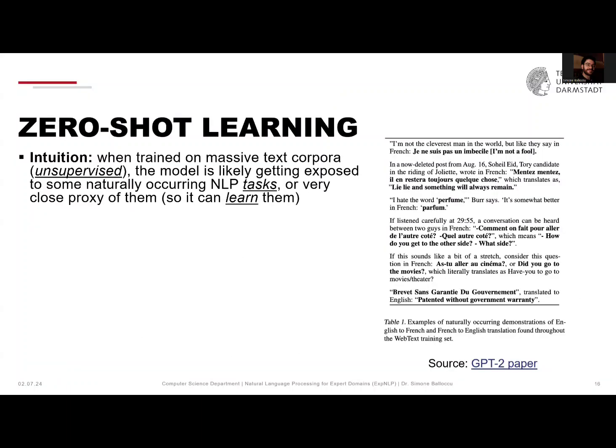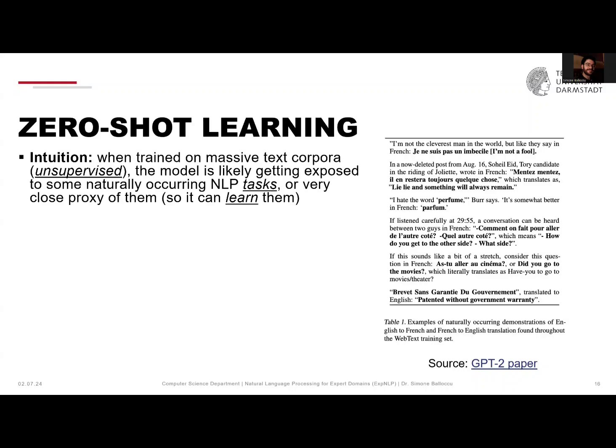So the intuition is that when we train a transformer, for example, on massive text corpora, this model will basically be exposed to some naturally occurring NLP tasks or some very close proxy of them, so it can learn them. For example, you can see here on the right a table from the GPT-2 paper, and it showed that when you open this huge corpus, basically the web, just what you find on the internet, you find instances of machine translation.